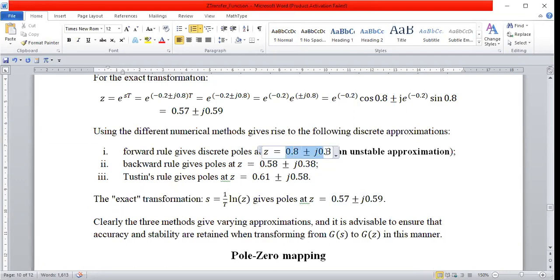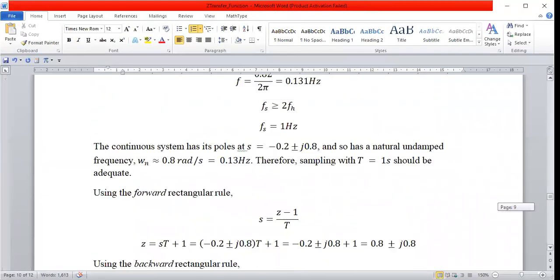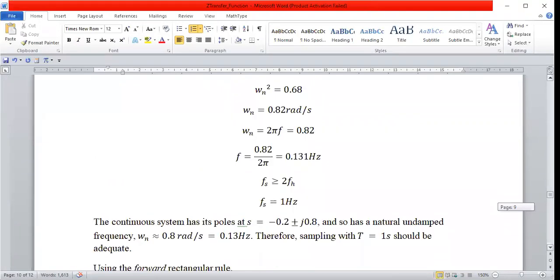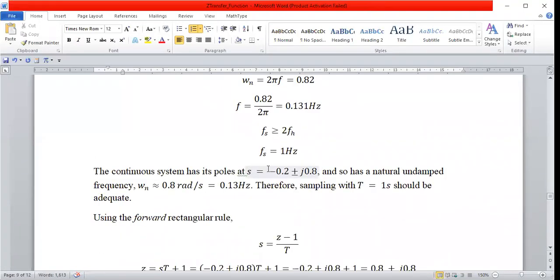I will not go into stability, but actually in the S domain, we got our poles to be this, and this is stable because in the S domain, the real part of the poles should be negative for stability.